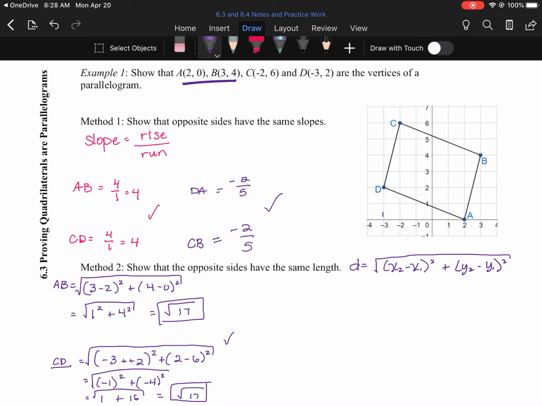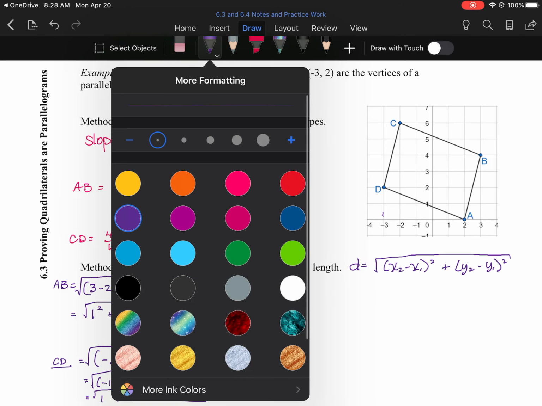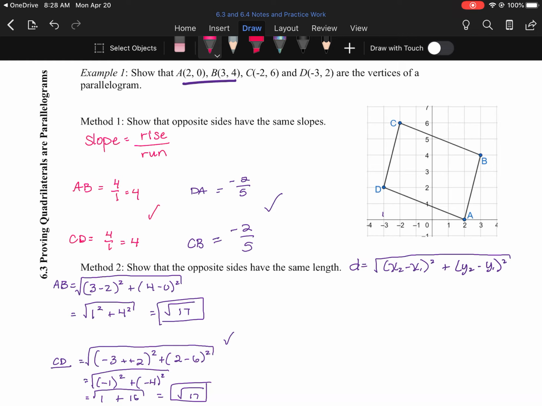All right. Now let's look at the other two sides. So we're going to look at C to B and D to A. So C to B, right, so I'm using those two up top. C to B, so I get negative 2 minus 3 squared plus 6 minus 4 squared.